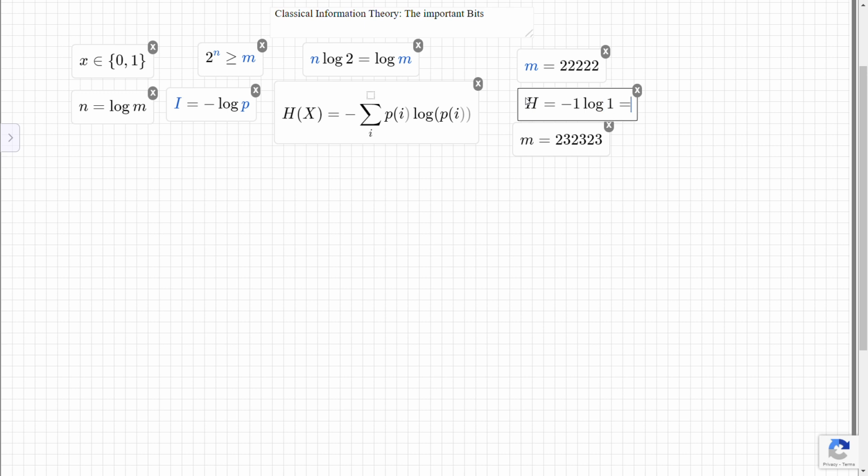Now coming to this one, if you have the value of m as 232323, then it means that the probability of finding a 2 is 1/2 and the probability of finding a 3 is 1/2.